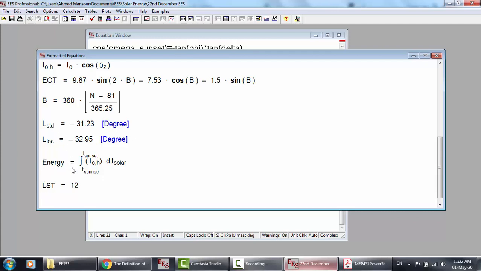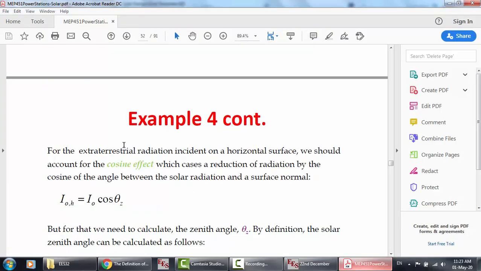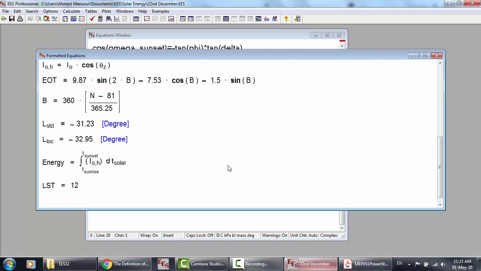We have here the energy that we can get from the sun at that day, IOH. I'm talking about this specific quantity, the extraterrestrial radiation on horizontal surface. I need to calculate the energy of it.